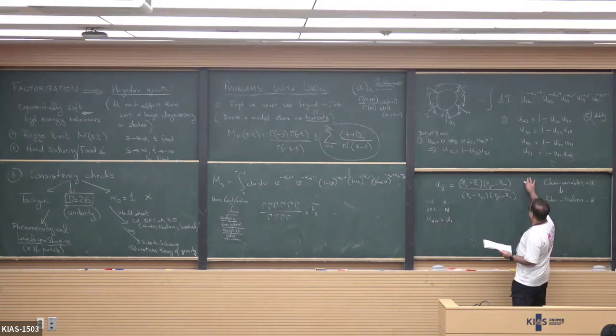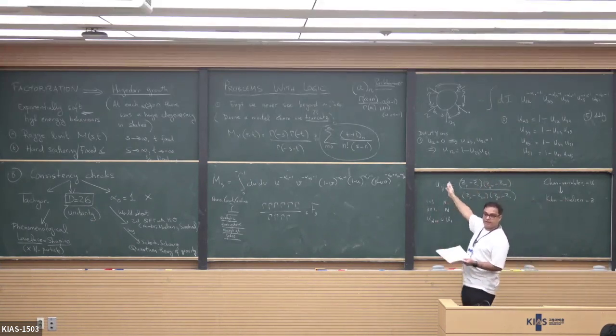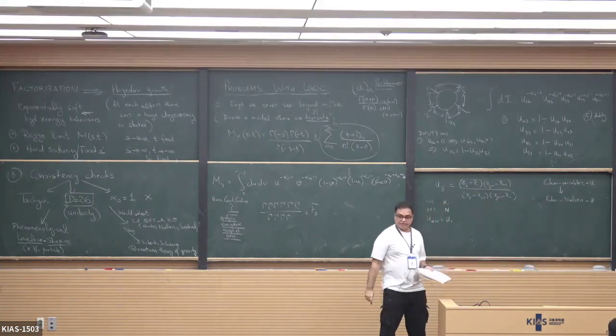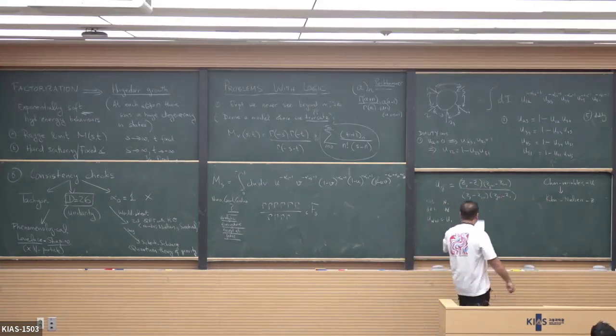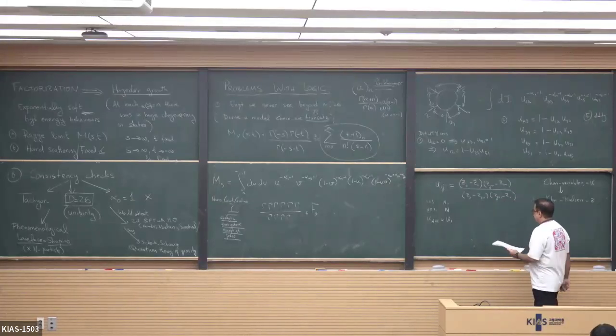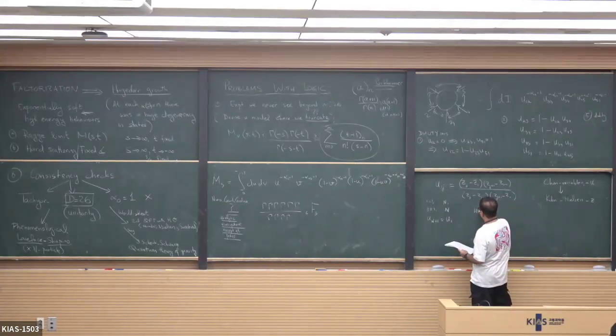And I urge you to verify that these actually satisfy the duality constraint. You can easily write a Mathematica code, at least for the 5-particle case, and you'll be able to see that these satisfy the duality constraints. So here's the homework.